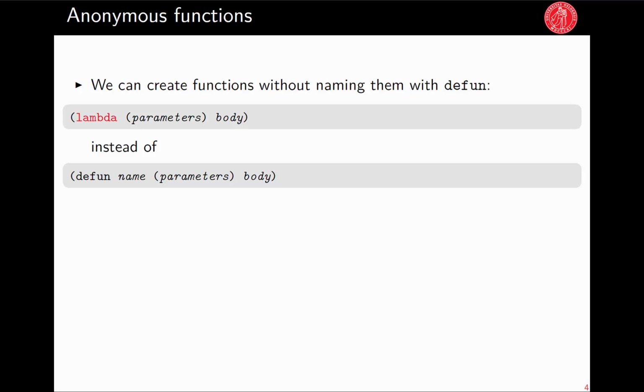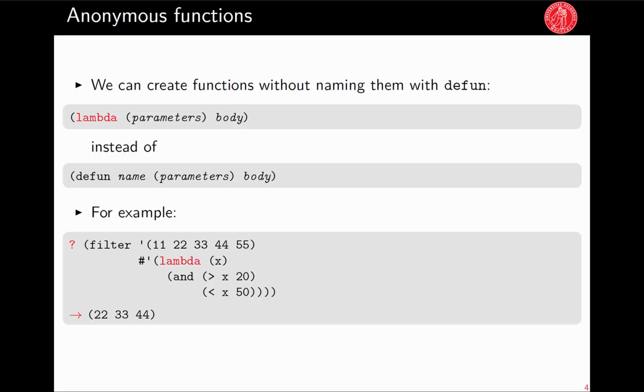The only difference is that we write lambda instead of defun, and we omit the name part, the variable that we otherwise bind the function definition to. Anonymous functions are typically useful when creating functions on the fly, for example.